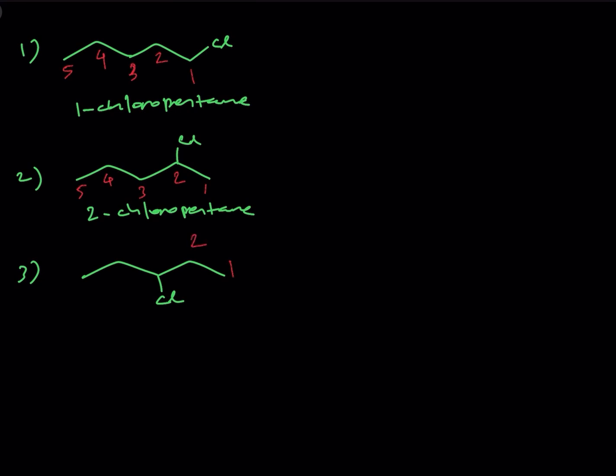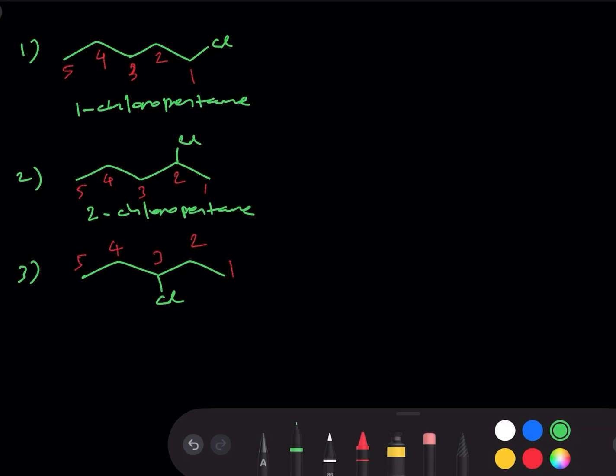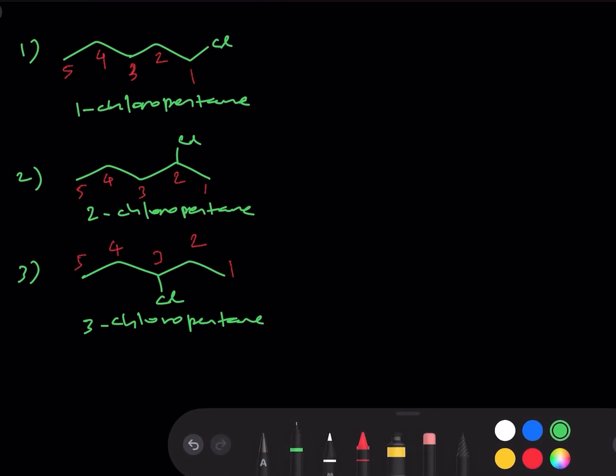So, this is 1, this is 2, this is 3, this is 4, this is 5, this is 3-chloropentane. We cannot write 4-chloropentane because that will become 2-chloropentane. So, we are exhausted with the pentane chain. So, let us go to the butane chain.